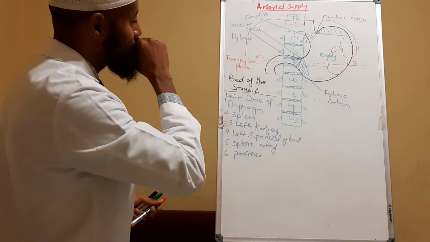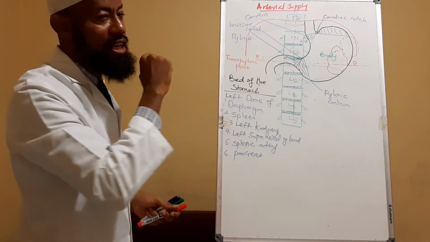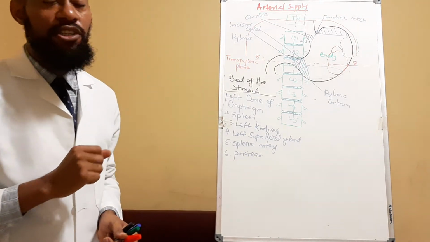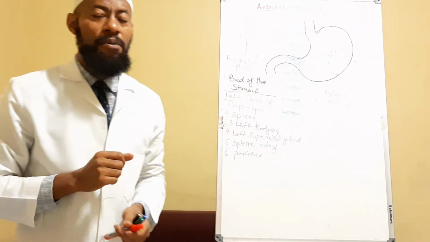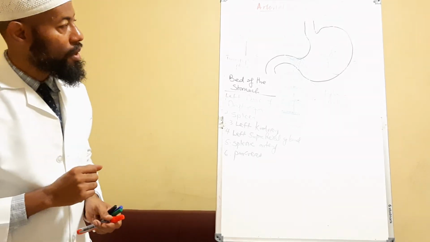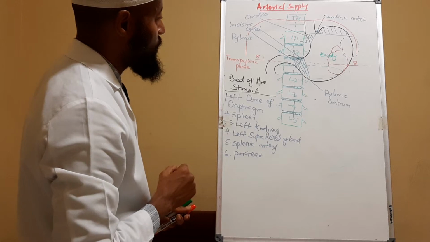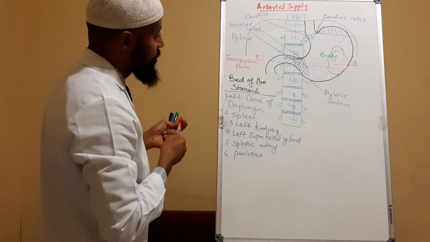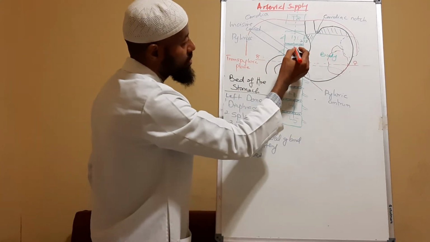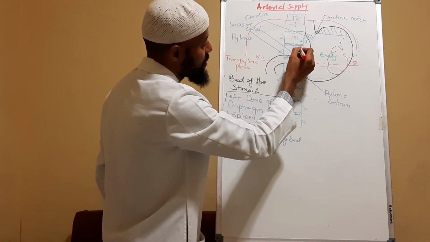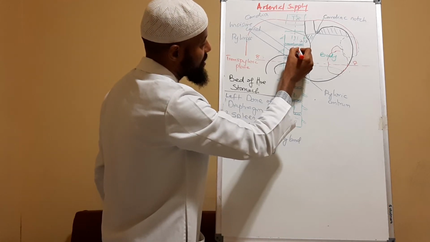The celiac trunk is a major branch of the abdominal aorta. Okay? A major branch of the abdominal aorta. So that's the celiac trunk.